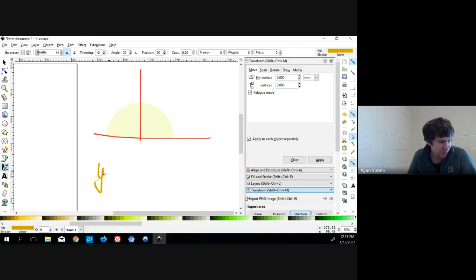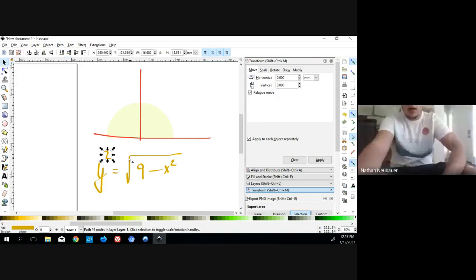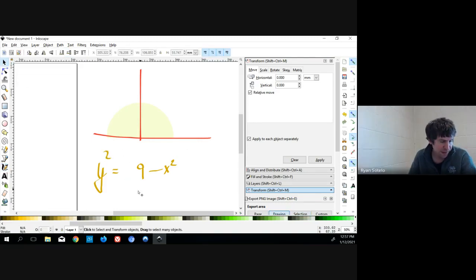If you have y equals the square root of 9 minus x squared, and I square both sides to get rid of the square root, I get x squared plus y squared equals 3 squared. That's just the equation of a circle with radius 3.